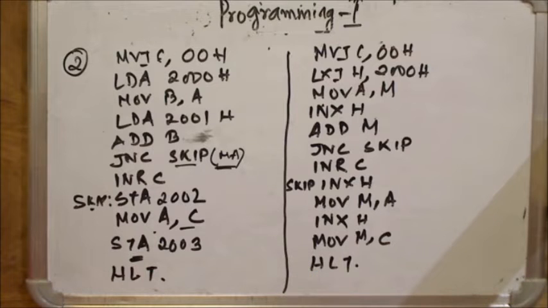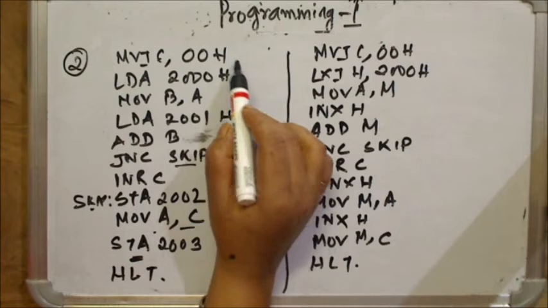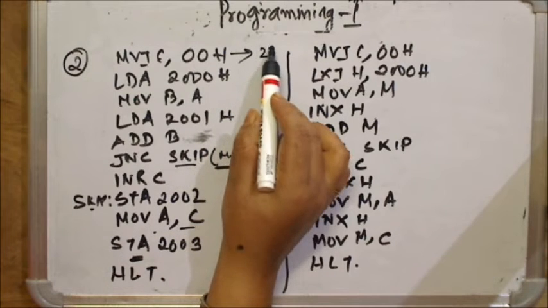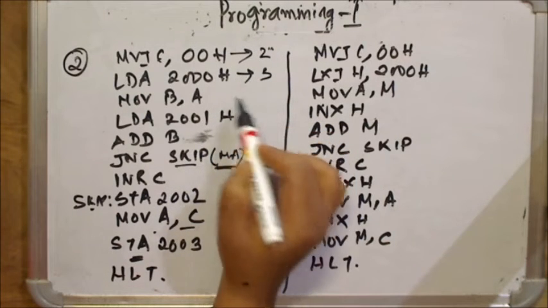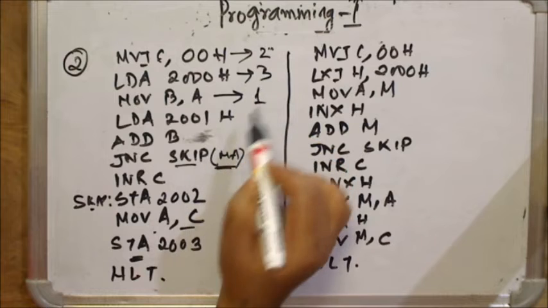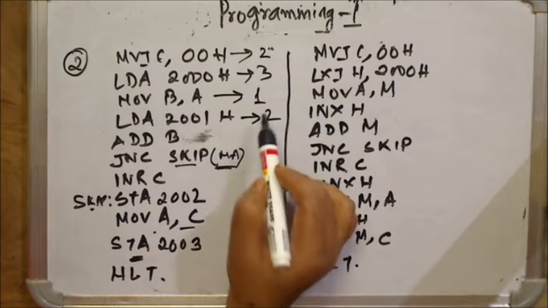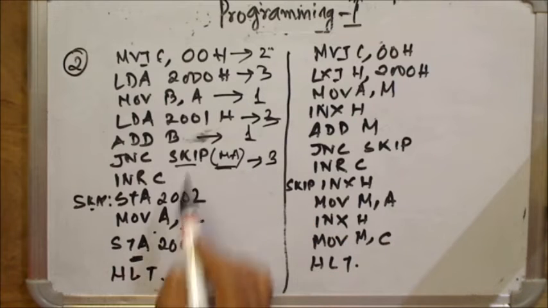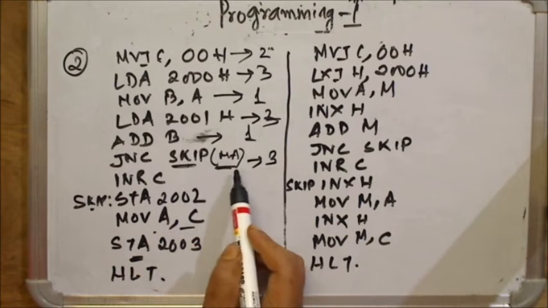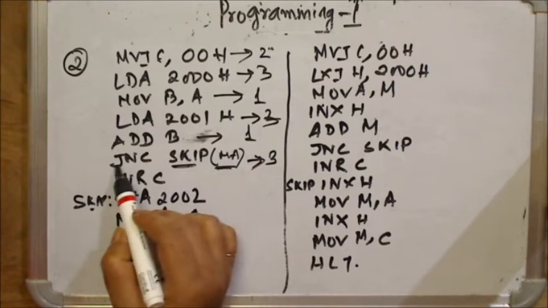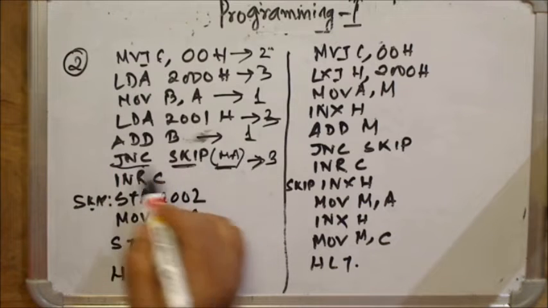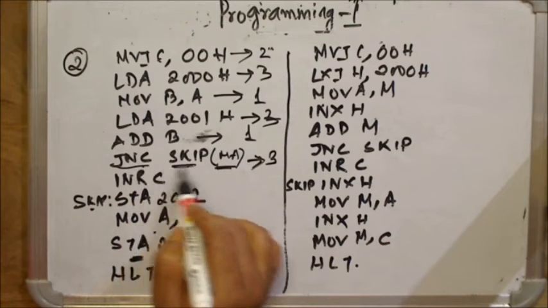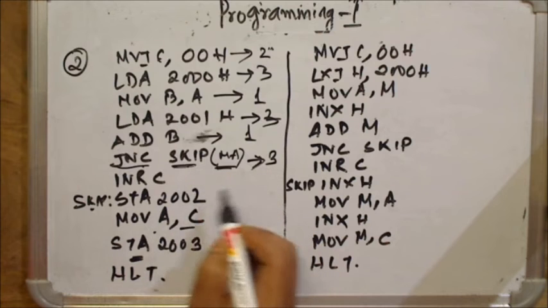Now, what is the size of the first program? This is a 2-byte instruction, this is a 3-byte instruction, this is a 1-byte instruction, this is a 3-byte instruction, this is a 1-byte instruction, this is a 3-byte instruction. Because skip is nothing but a memory address, it is one byte for the opcode and 2 bytes for the memory location, so total 3 bytes.